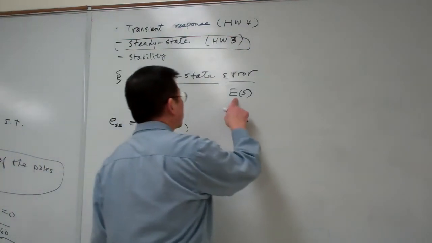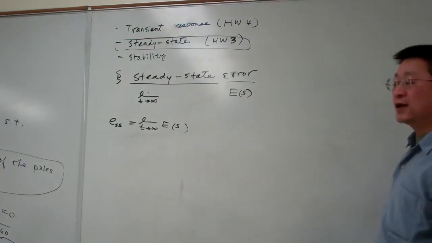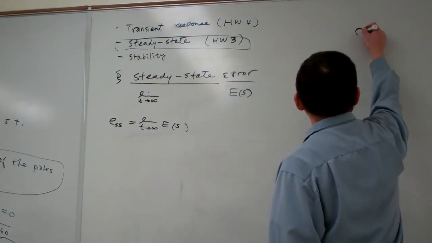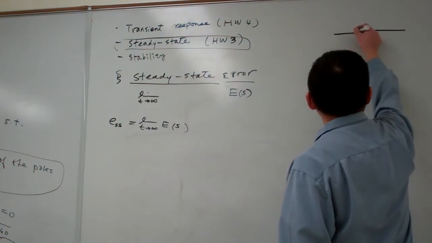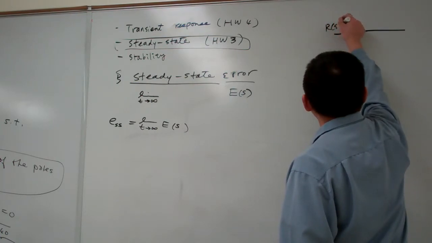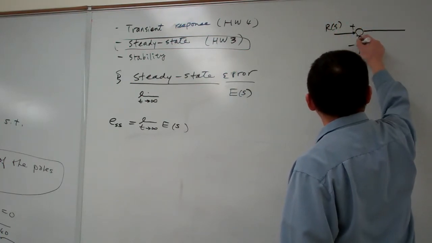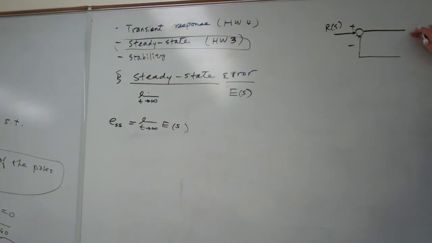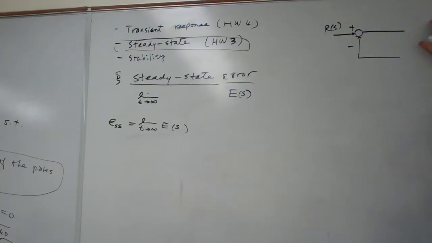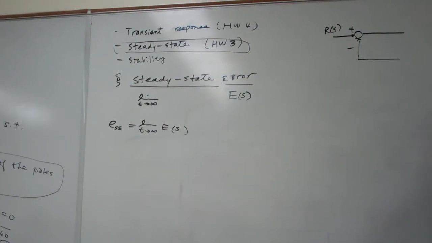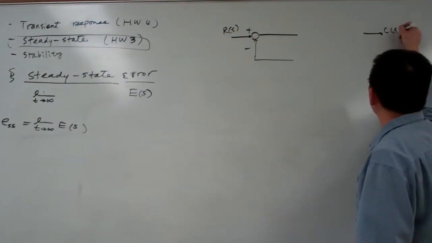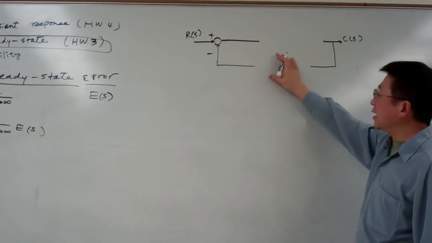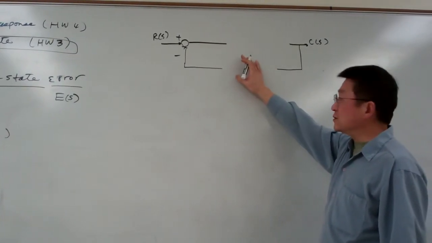So this error we can calculate, and what is the error definition? If you remember our closed loop, this is our input, with positive and negative. Here is a system that can be very complicated, and the feedback from the output C can contain any kind of sensors.